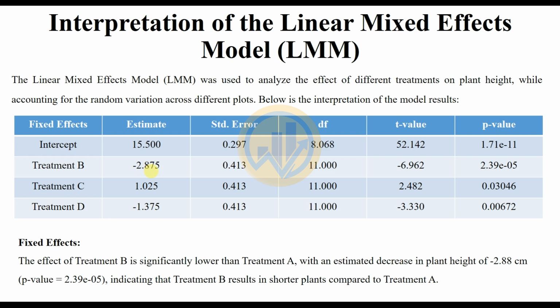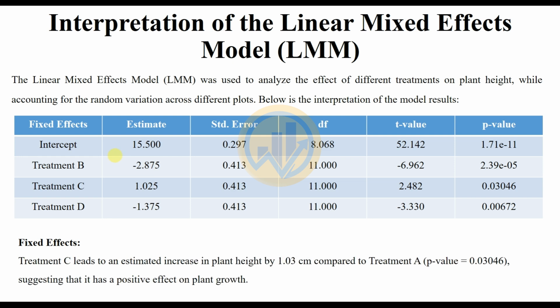The p value is 2.39e-5, indicating treatment B results in shorter plants compared to treatment A. Treatment C leads to an increase in plant height of 1.03 centimeters compared to treatment A. The p value is 0.03046, suggesting a positive effect on plant growth.